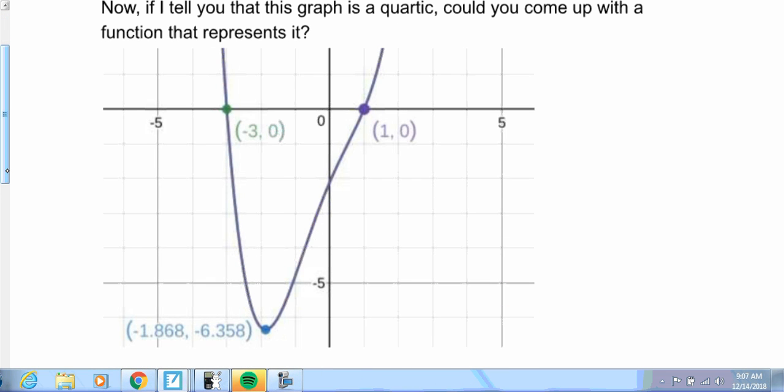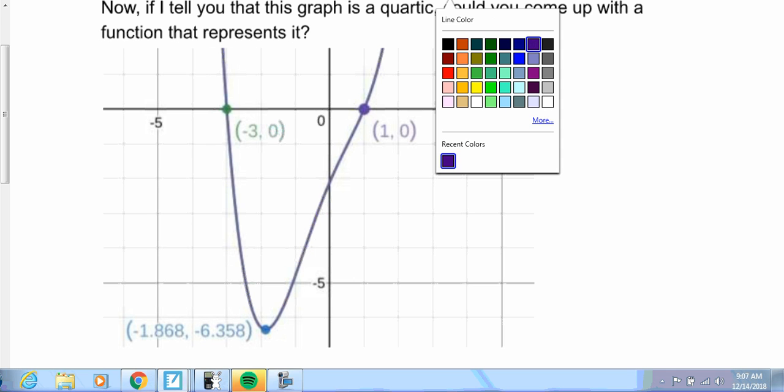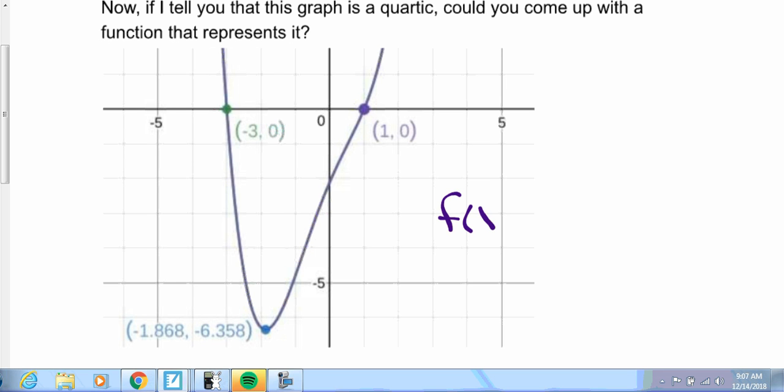So I'm going to call my purple function here. This is purple in case you can't tell. I'm going to call that f of x. Okay? And that's going to equal, based on this zero, right, Logan? X plus 3, I'm putting in green because that zero is in green.